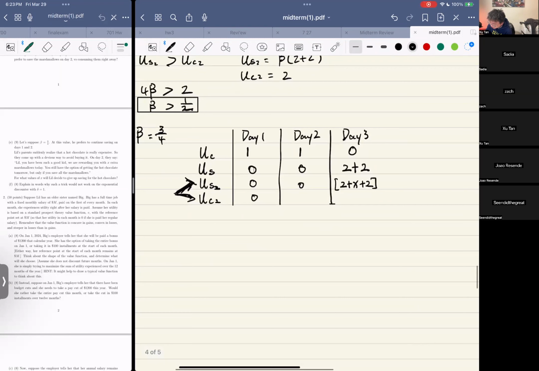If she does not save and falls into the temptation, she will consume and get a utility of 2 plus the X amount of marshmallow her parents are offering.